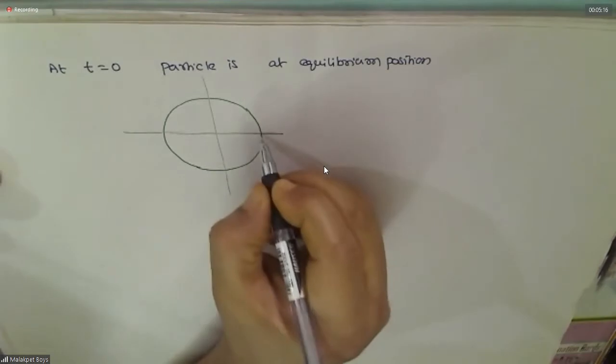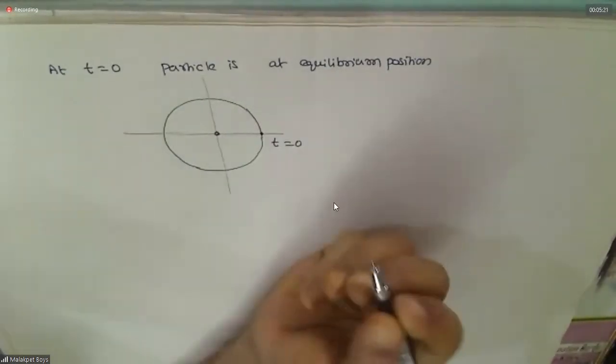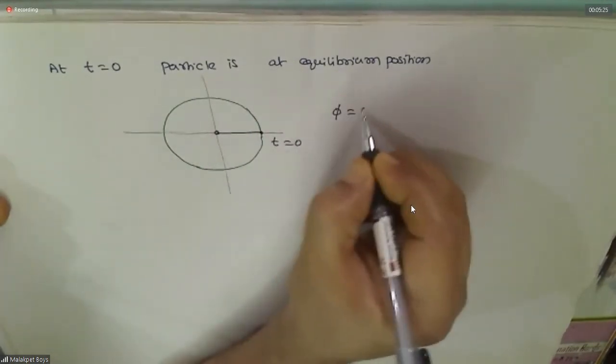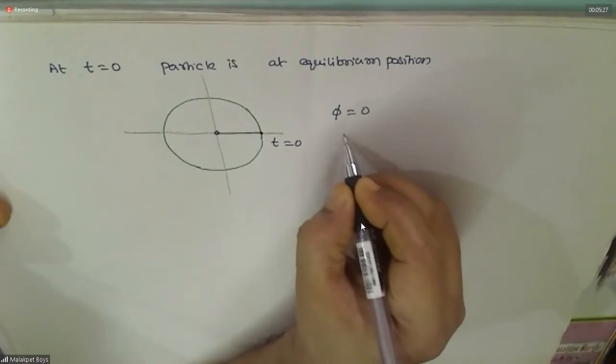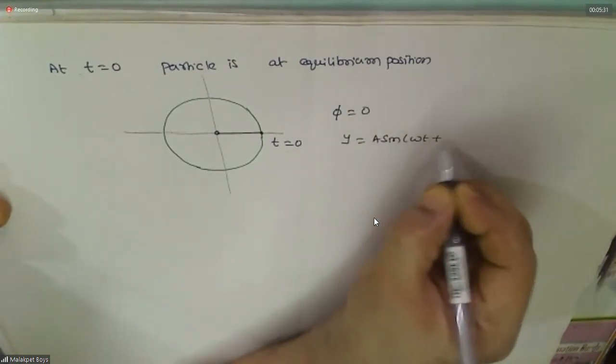See here, the particle is there. So this is the projection now. So what is phi? Can you tell? Phi is 0, no? Yes, sir. Yesterday we have seen that.